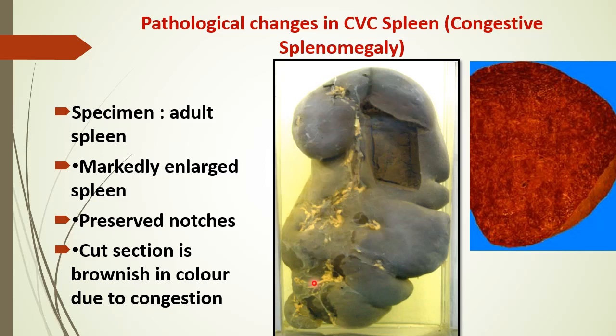The spleen tissue here is markedly enlarged with a preserved notch. This is called the notch of the spleen, and its cut section is brownish in color due to congestion and sometimes shows scattered brownish flakes, which are called fibrosiderotic or Gamna-Gandy nodules.